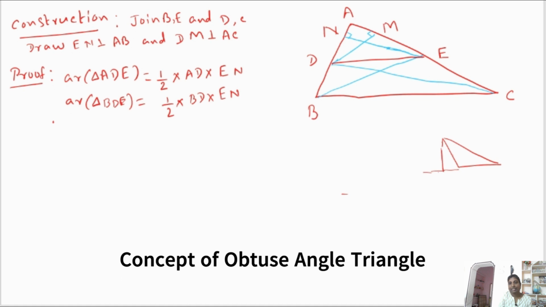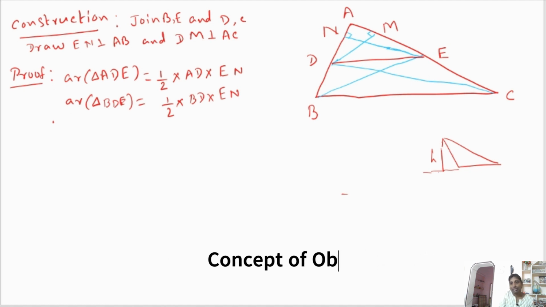You will get this as the height. So we get the height outside for this triangle. So here for this triangle, EN is the height. We get the height outside of this figure.